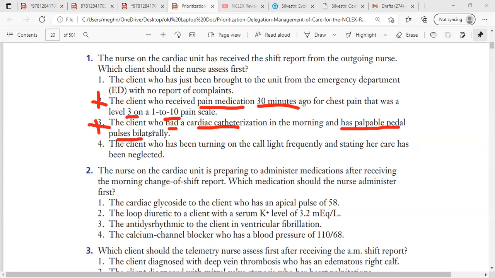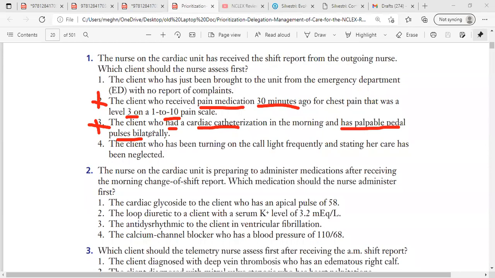So wonderful. If the pedal pulse is absent, it is an indication for emergency. So bilateral pedal pulses indicate the client is stable. Therefore, this client does not need to be seen first.